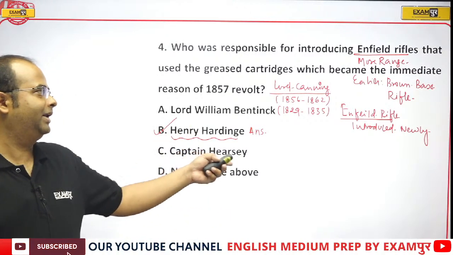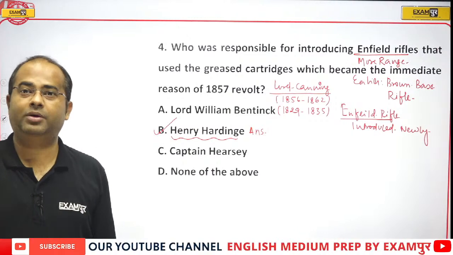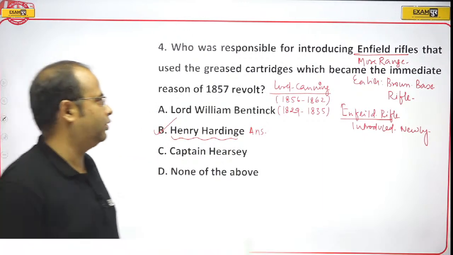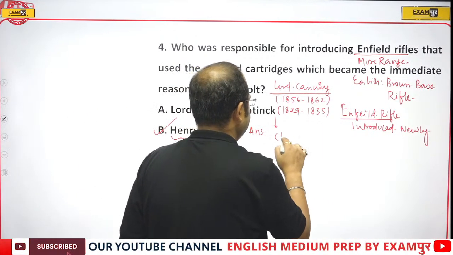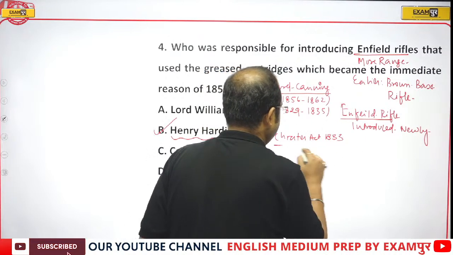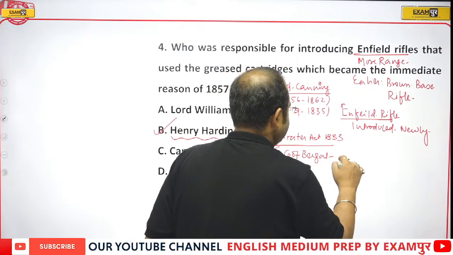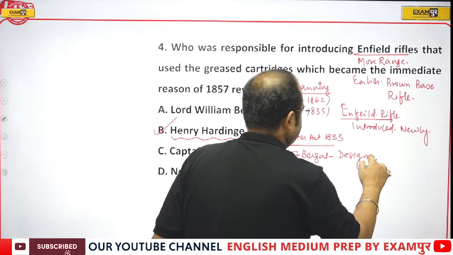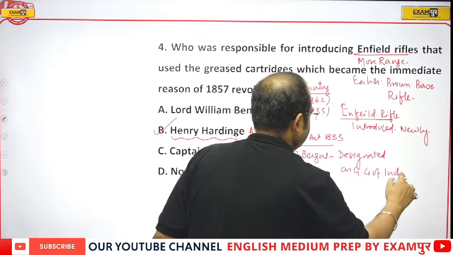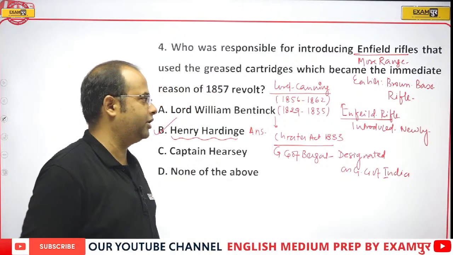It is not William Bentinck, because William Bentinck was the Governor General of India from 1829 to 1835, and the revolt happened during the time of Canning. He was the first Governor General. By the Charter Act of 1833, the Governor General of Bengal was designated as Governor General of India.